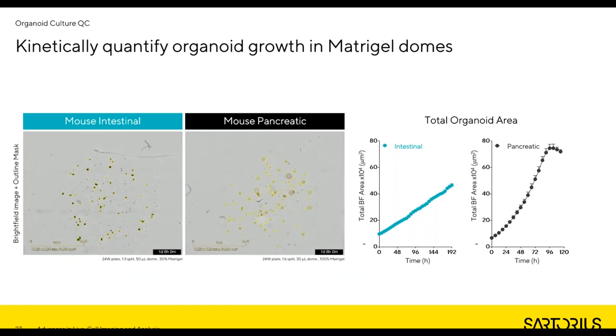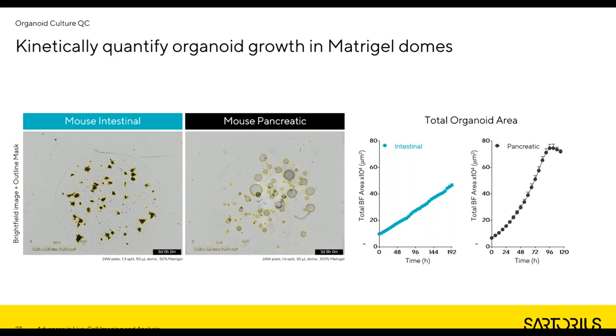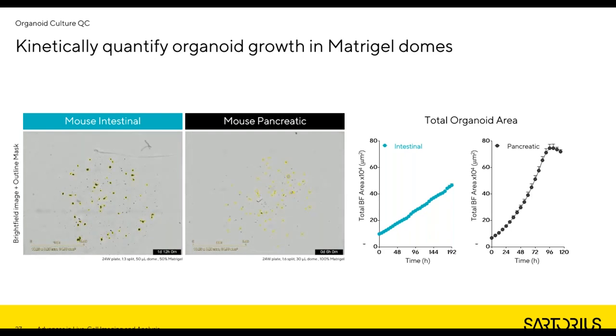So we can then go on, once we've acquired these images, to quantify this organoid differentiation and growth over time. And shown here are some example time-lapse videos of intestinal and pancreatic organoids taken 2 days post-seeding in 24 well plates. And we can see here the yellow outline mask around each of these objects, and this represents the bright field segmentation, which enables a label-free quantification of changes in organoid size over time.